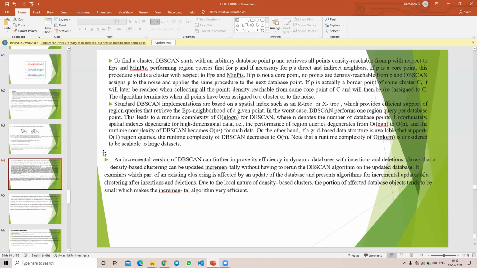Unfortunately, spatial indexes degenerate for high dimensional data. That is, the performance of region queries degenerates from O(log n) to O(n), and the runtime complexity of DBSCAN becomes O(n squared). For such data, on the other hand, if a grid-based data structure is available that supports O(1) region queries, the runtime complexity of DBSCAN decreases to O(n). Note that a runtime complexity of O(n log n) is considered to be scalable to large data sets.